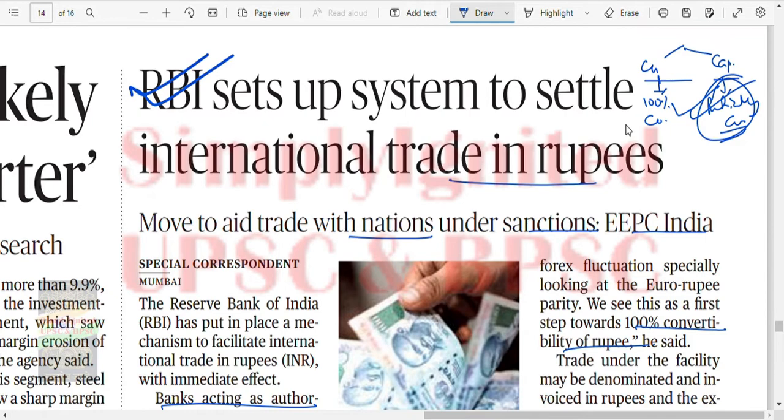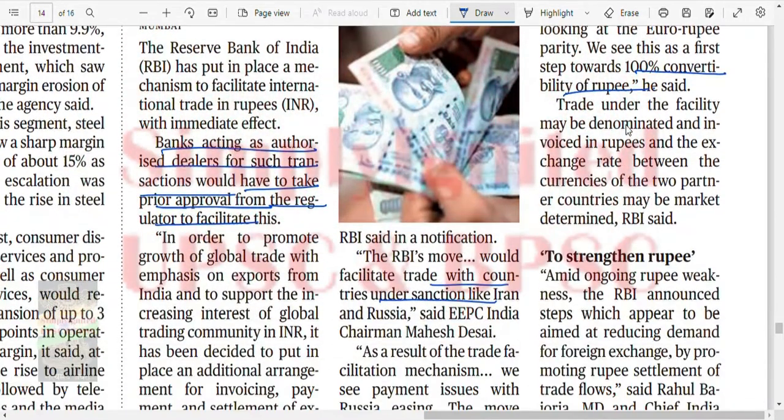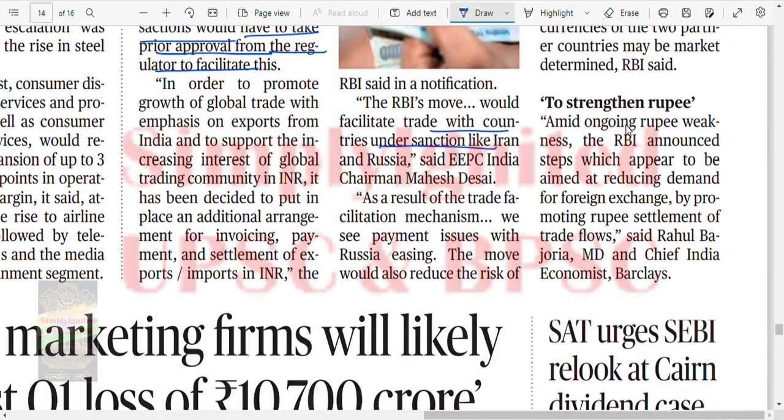Fine. Trade under the facility may be denominated and invoiced in rupee, and the exchange rate between the currencies of the two partner countries may be market determined. Okay, to strengthen rupee amid ongoing rupee weakness, RBI announced a step which appears to be aimed at reducing demand for foreign exchange by promoting rupee settlement of trade flow.